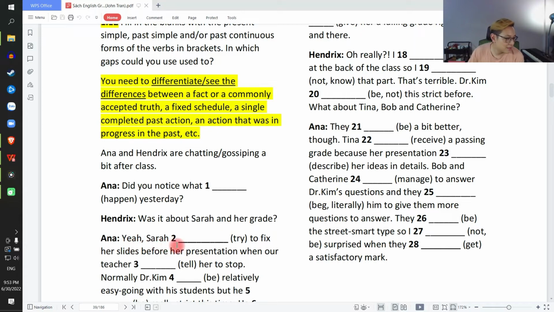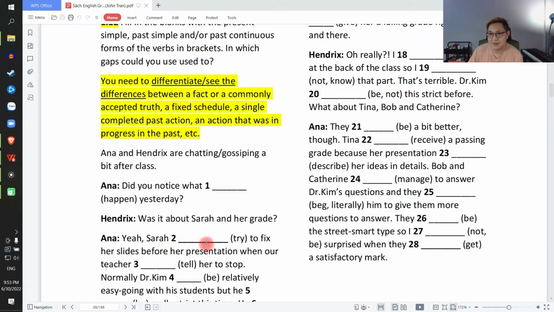Number 2. Yeah, Sarah was trying to fix her slides before her presentation when our teacher told her to stop. So the background scenario or the background situation is Sarah was trying to fix her slide. So it provides the scenario or the context for the action: our teacher told her to stop. Cái chỗ này là số 2, Sarah was trying to fix her slide before her presentation.